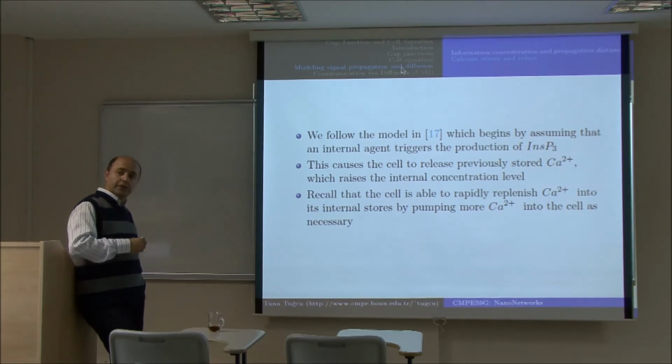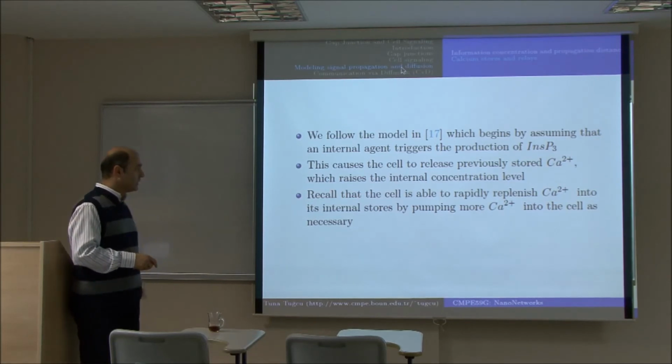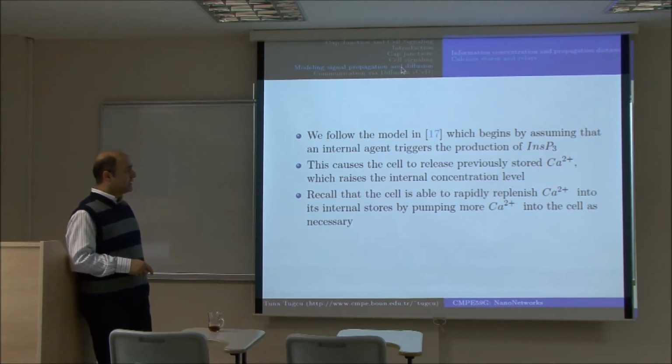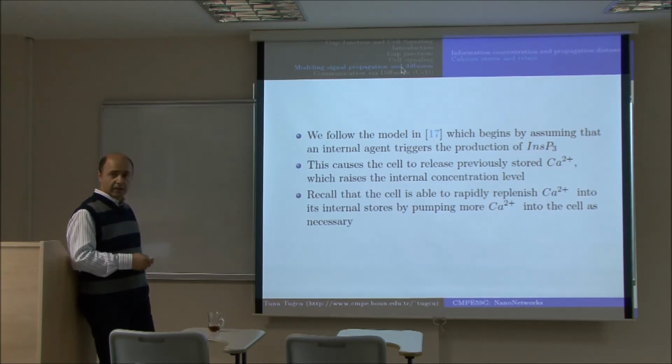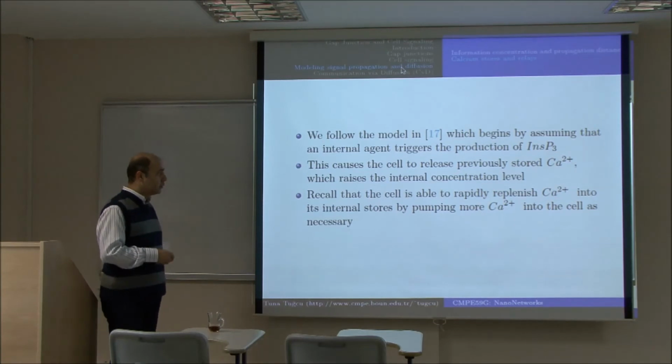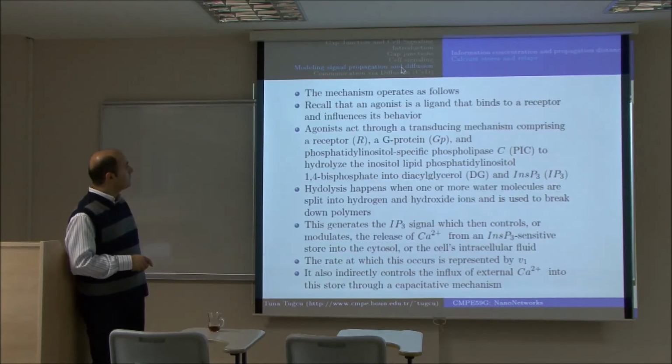This will cause the increase of the cytosolic calcium ion concentration. And also remember that the cell can easily replenish calcium ions into its internal stores by pumping in more calcium ions into the cell if required.